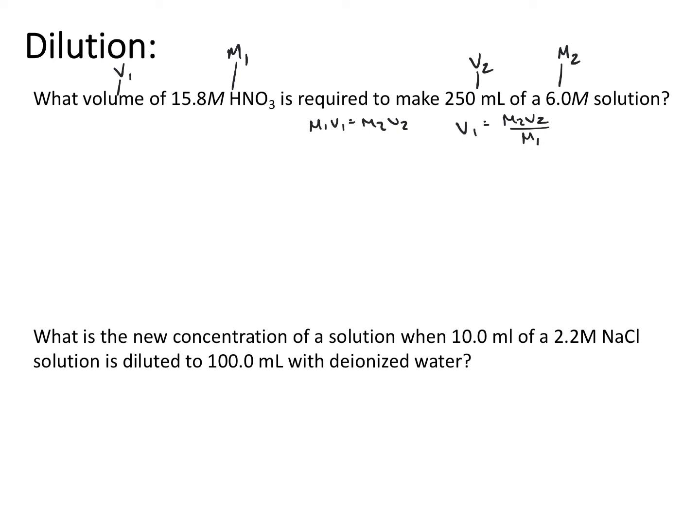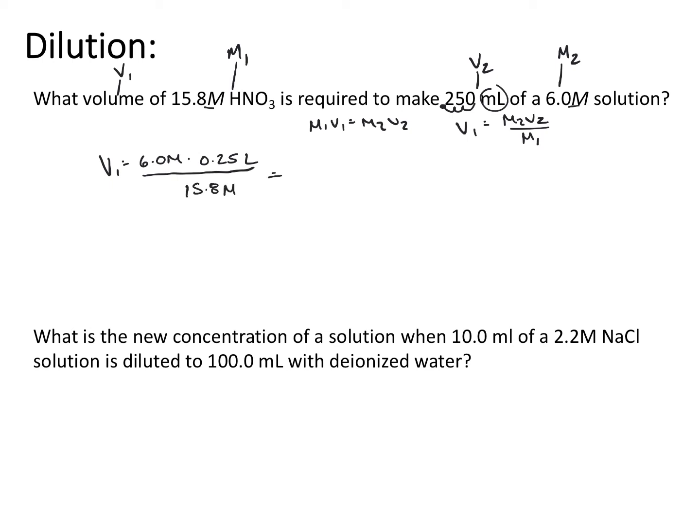Okay, and then I'll make sure my units match, right? We've got molarity, molarity. This is milliliters, but I'm going to change that into liters so that we have everything in the correct units. We're then going to plug everything in. So V1 equals M2, which is 6.0 molar, times my volume, which is 0.25 liters, all over 15.8 molar.